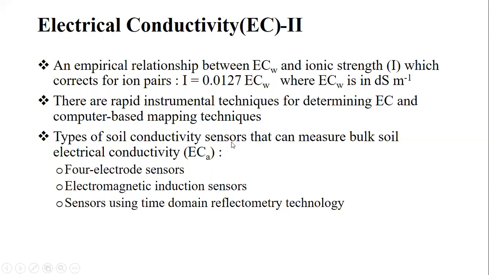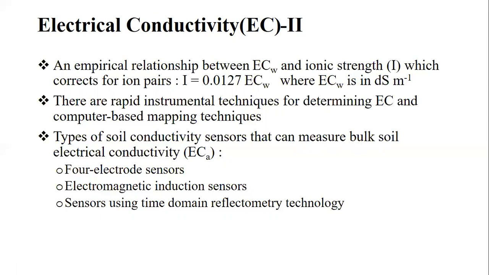There are types of soil conductivity sensors that can measure bulk soil electrical conductivity. Remember when we talked about salt solution, the bulk salt solution is the major part of the solution, away from the effect of the colloids and anything else.